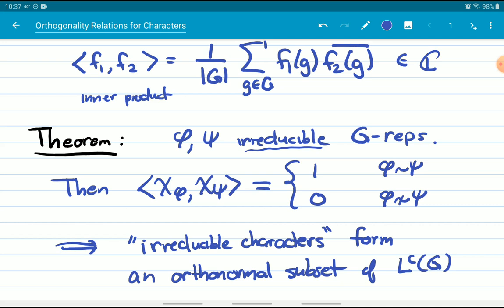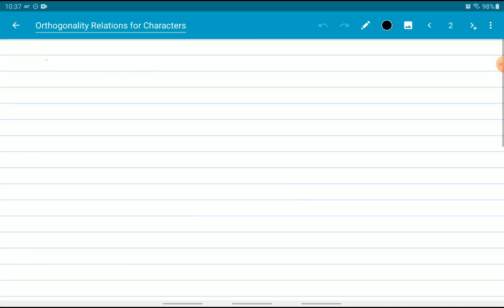What I want to do right now is get some consequences of this result, and there are a lot of good consequences. First one: we would like to count the number of distinct irreducible representations, and this corollary says it.